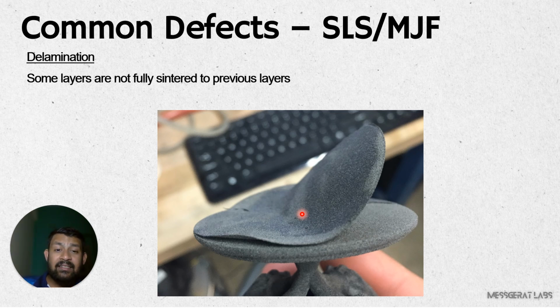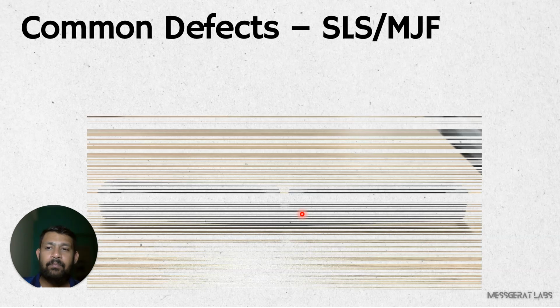Now remember, in MJF we use a curing head to provide heat to the sintered part, whereas in SLS we use a laser to sinter the component. So in both cases you will face such delamination effects.